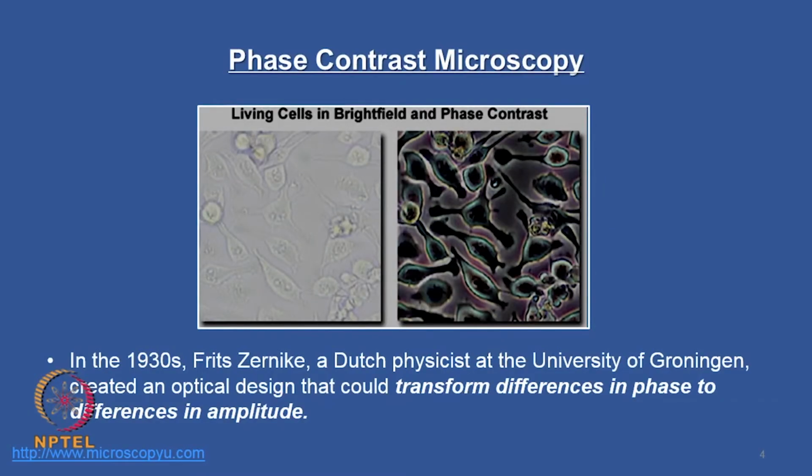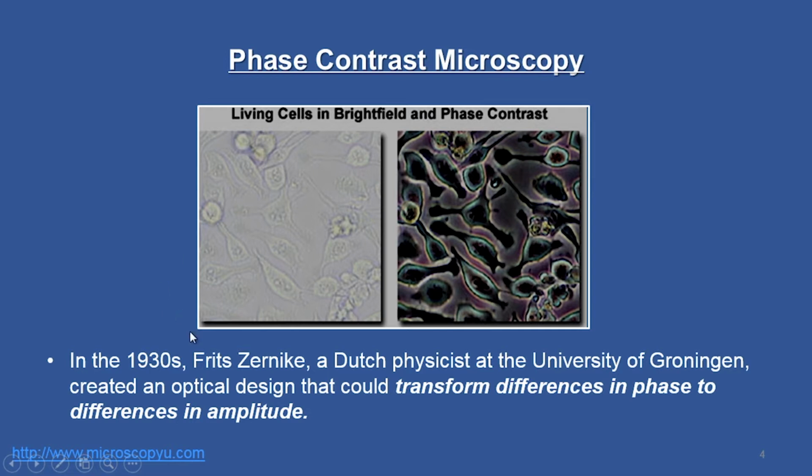So now let us see what are the principles. Let me begin with this slide. This is again a very nice micrograph taken from this website. I just brought this to give you the idea of what kind of contrast enhancement one gets when you go to the phase contrast microscopy.